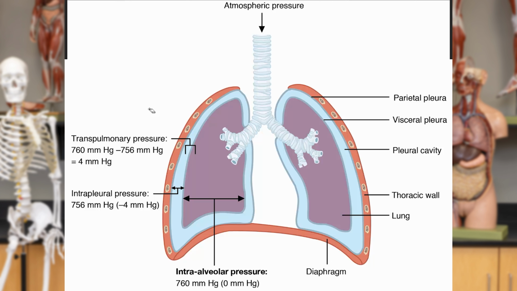The other one is pneumothorax. That's where you had damage, maybe a stab or a cut or a fractured rib, that punctures through the pleura. So you puncture the parietal pleura. That means that thin pleural cavity is now exposed to the outside environment. The pressure from the outside can get in there. You cannot maintain your negative transpulmonary pressure.